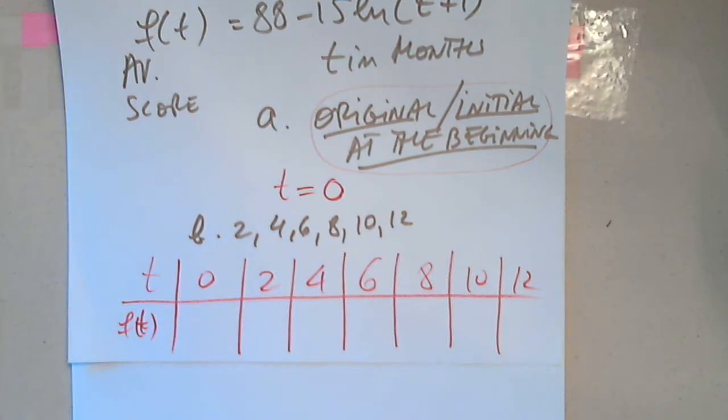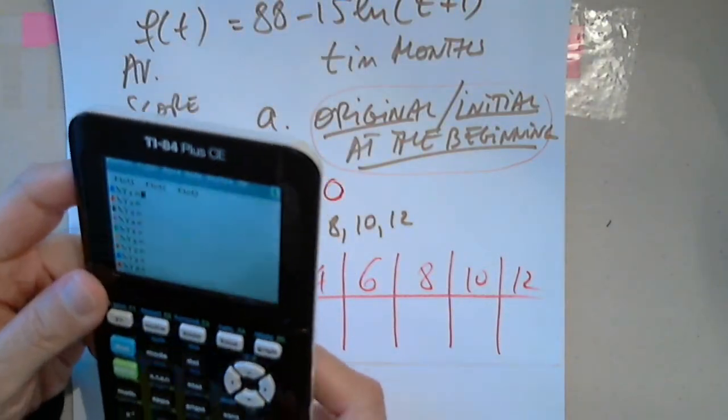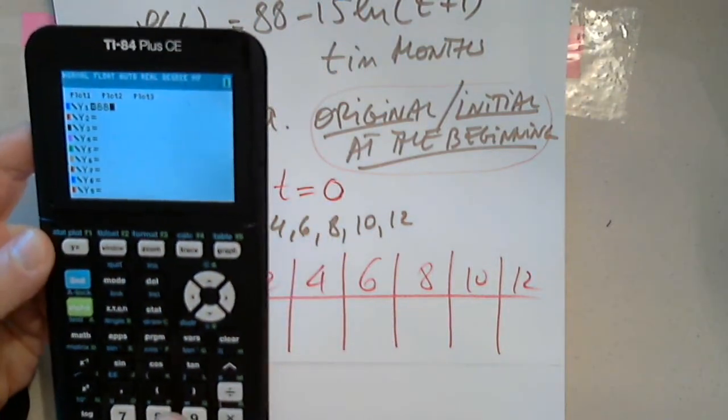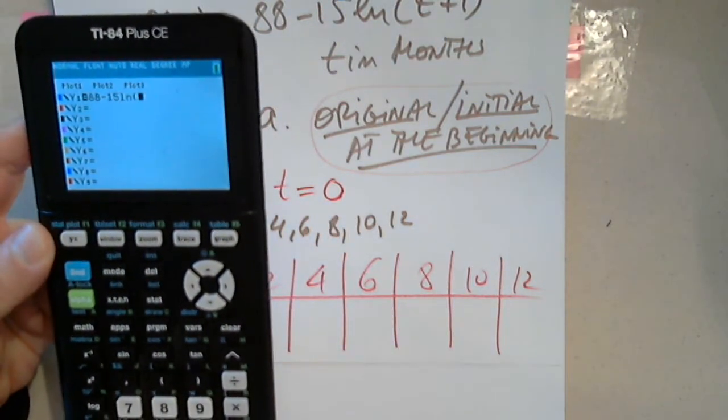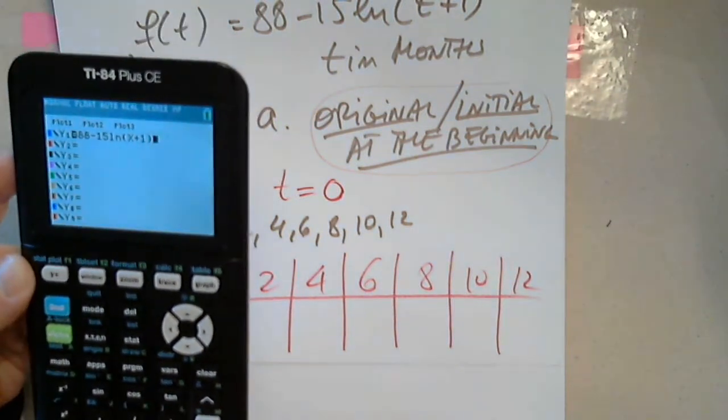Of course, I'm not going to do this 7 times. I'm going to take my calculator if I find it. Yes, I did. Go to y equals, clear whatever you have, and punch in this function, 88 minus 15 natural log. We don't have a t in the calculator, but we have x plus 1.